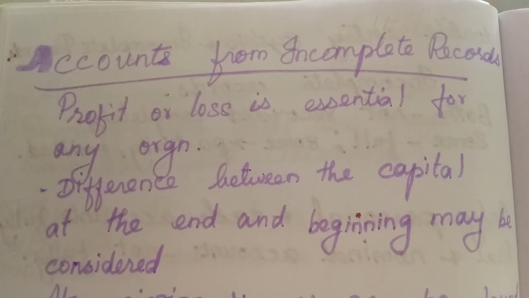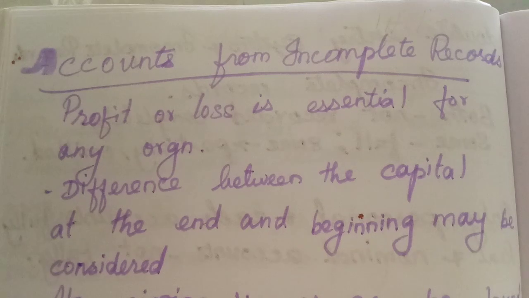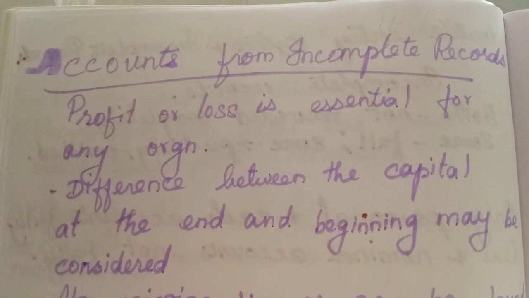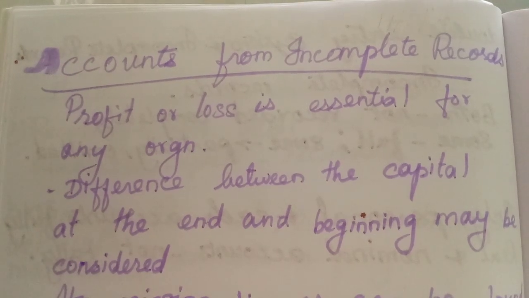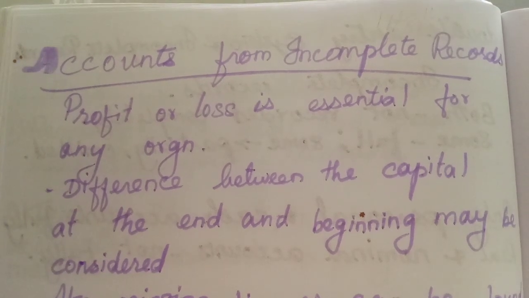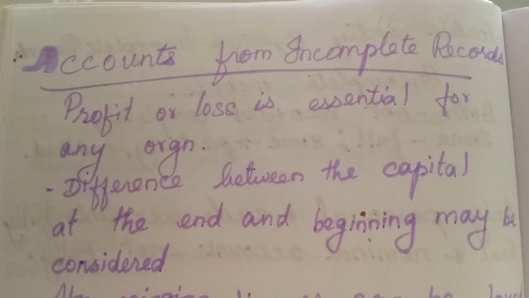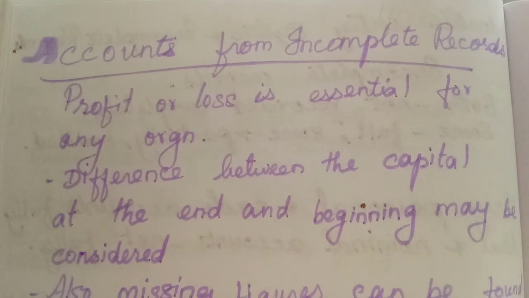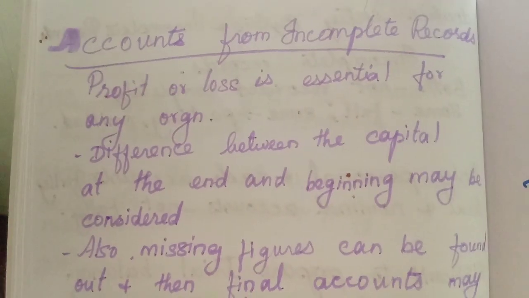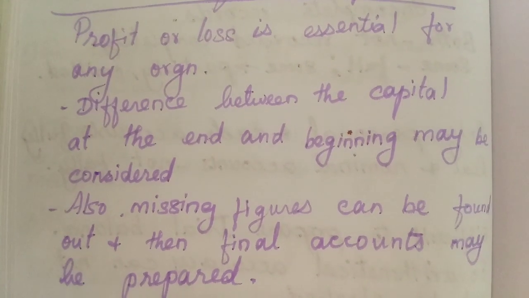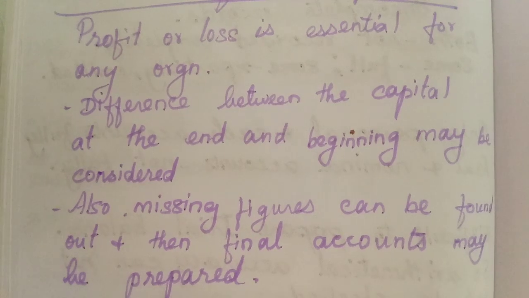If the capital at the end is more than the capital in the beginning, he has earned some profit. But if the capital at the end is less than the capital in the beginning, he has incurred a loss. Thus, just by finding the difference between the closing and opening capital, he can calculate his profit.